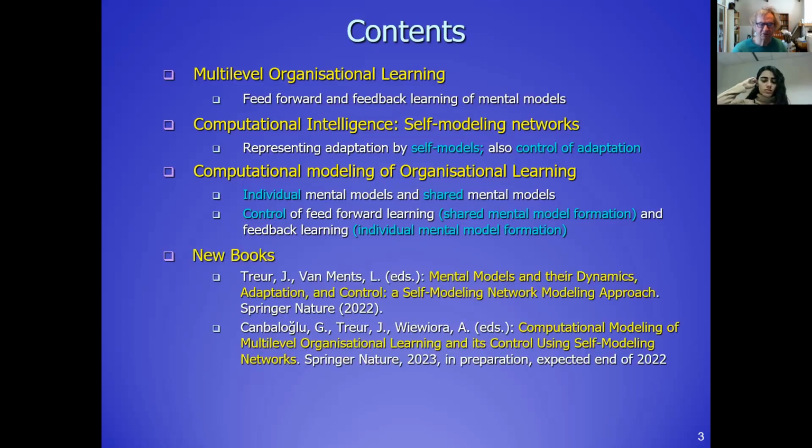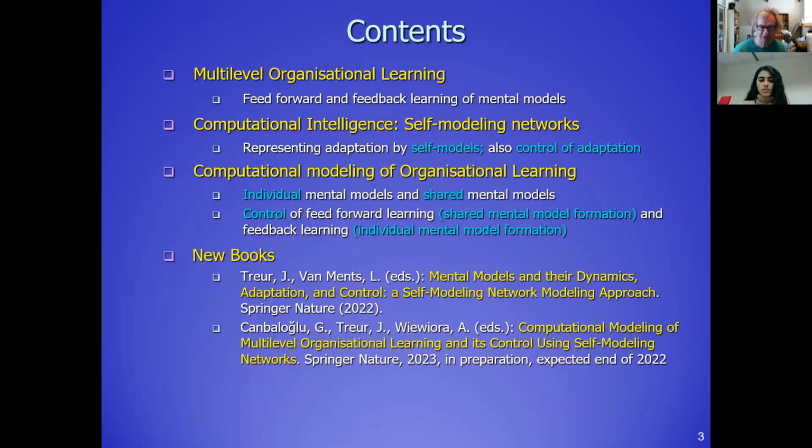Most of the material is also coming from two books. One book has recently come out in January, the first one on mental models and how you can model their dynamics, adaptation, and control, all three different manipulations of mental models. And the next book will come out perhaps at the end of this year.